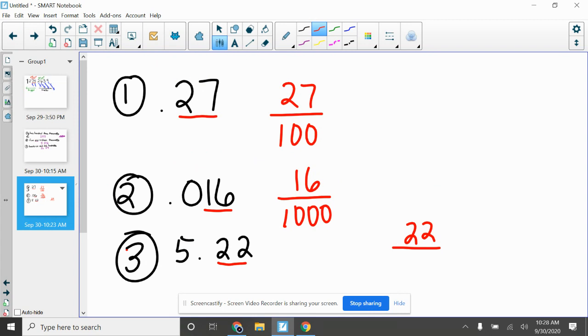If it's called hundredths, what number do you hear in the word hundred? 100. Yeah, so there's your fraction. But what about this little 5 guy? He's going to go right next to it, and I'm going to make him a little bit bigger because he's a whole number. He's a big whole thing. Okay. All right.